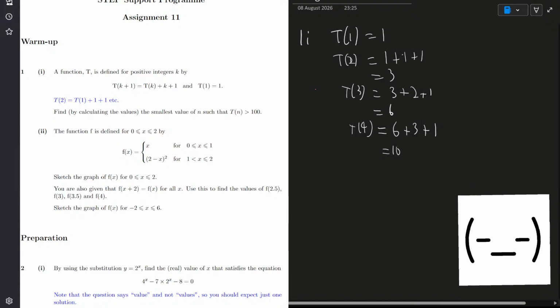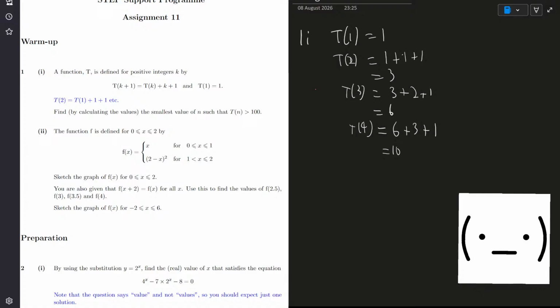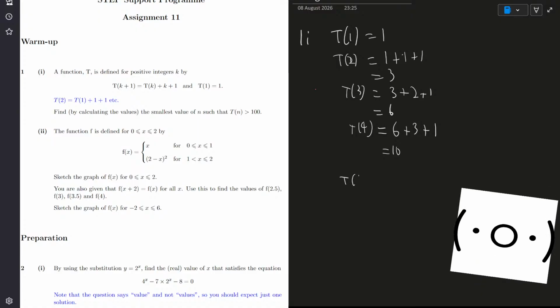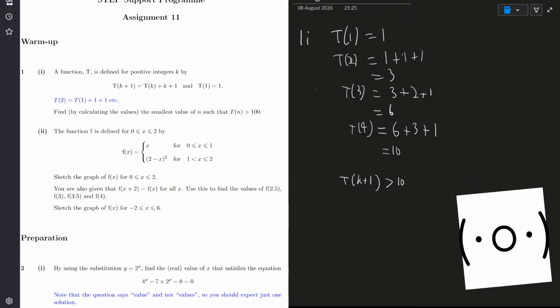Okay, so let's say some k is in fact larger than 100.